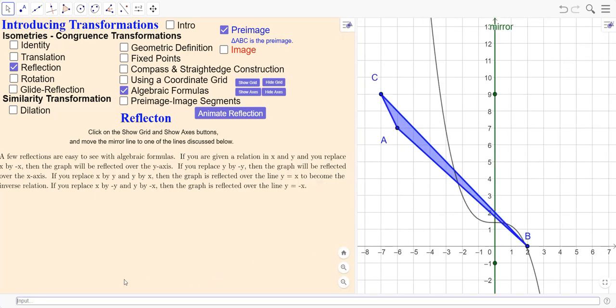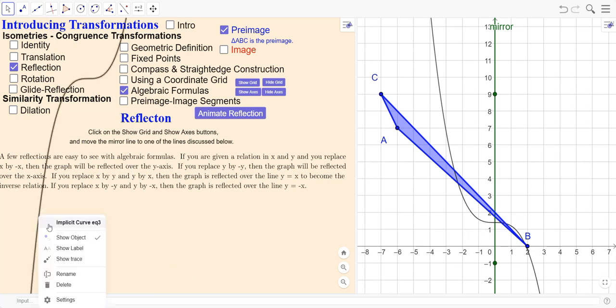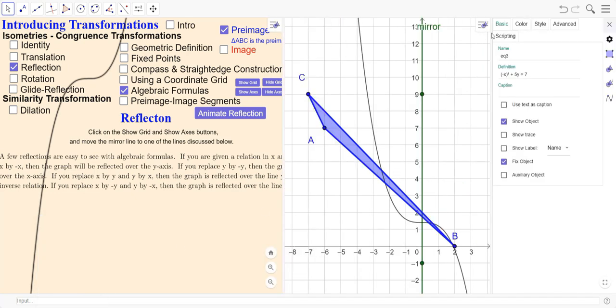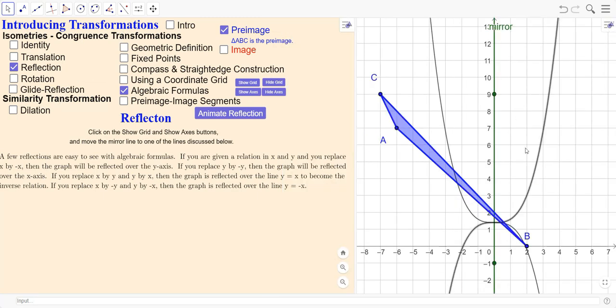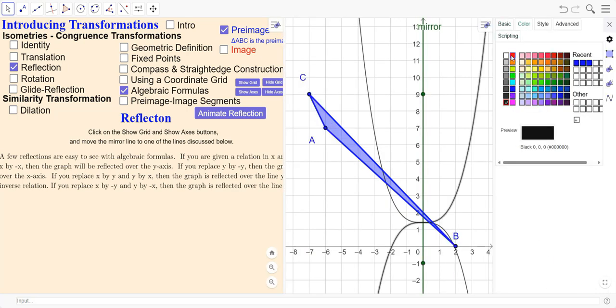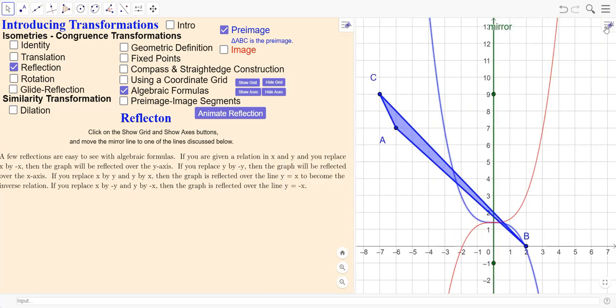So if I want to reflect that one over the y-axis, what I have to do is take the x, and where the x was, put parentheses, and in that parentheses put the opposite of x. And then that should now be graphed so that it is a reflection over that y-axis. So this one here is the image when this one over here is the pre-image.